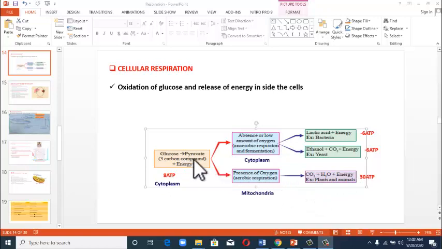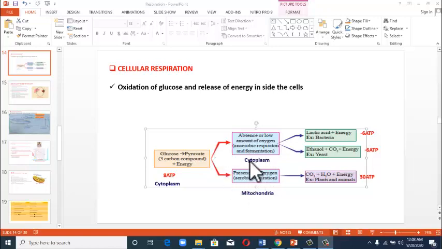So now if there is no oxygen available inside the cell, what will happen? Then also this reaction will go on. Glucose will be converted into pyruvic acid. For this reaction, no oxygen is required. After this step, the pyruvic acid stays inside cytoplasm itself because there is no oxygen. So this reaction won't take place.